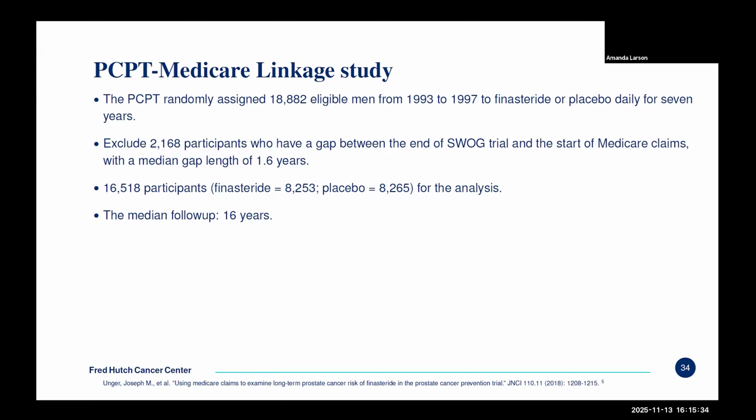That means they had not turned 65 by the end of the study, and after a few years they got enrolled. So we excluded these participants. The median follow-up after the linkage is 16 years, which is much longer than the original 7 years of follow-up.